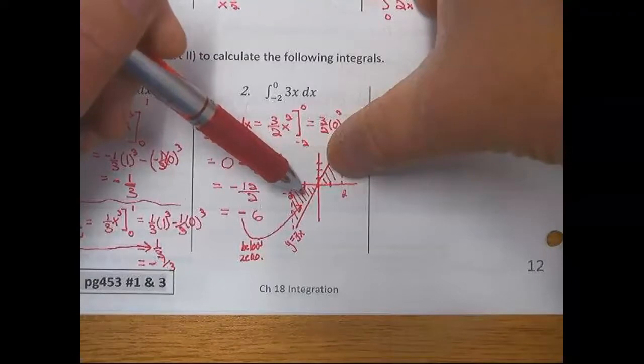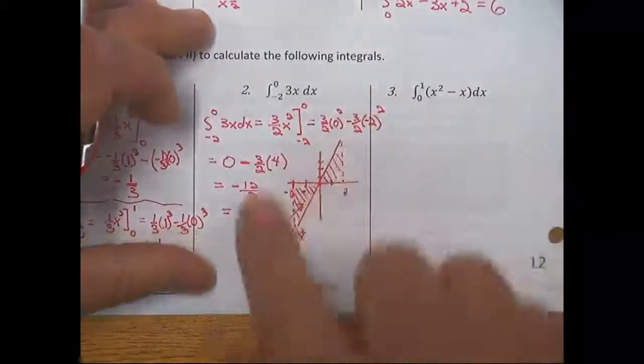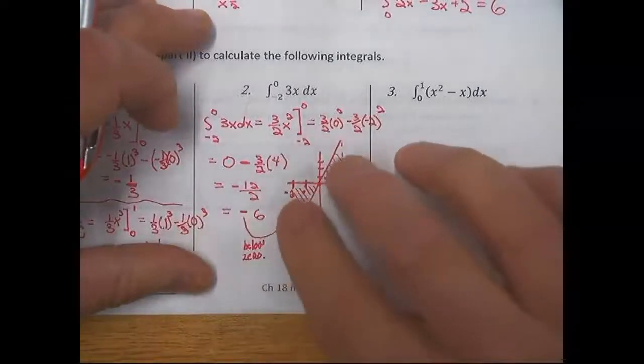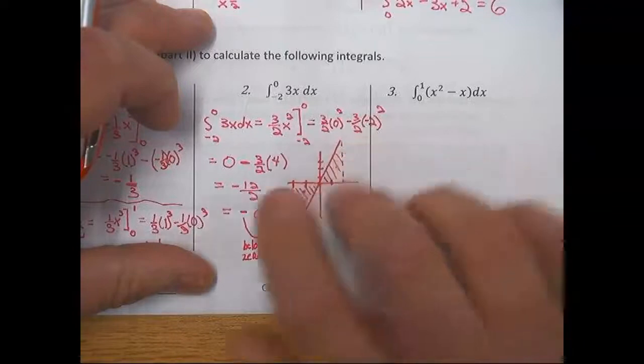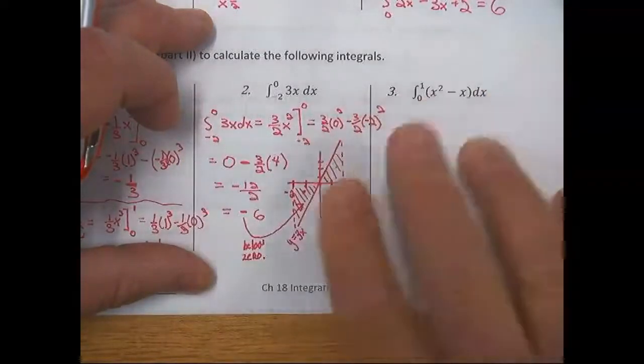I thought in the calculator it gave me 0. Right, because it's giving you the net area. It depends on the context. You'll see when we do applications, it depends on the context of the problem. Right now, if you did this, you'd get 0, which is fine.